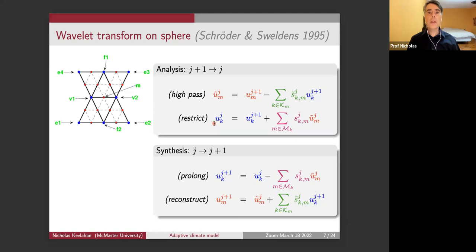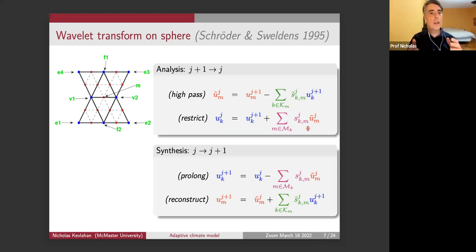And then your restriction is given here, but we have this extra term. If we just had this blue term, it would be subsampling. If you go from your fine grid to your coarse grid and just leave out all these red points, you would get this blue. But we do this additional step called lifting, and we add a linear combination of these wavelet coefficients.